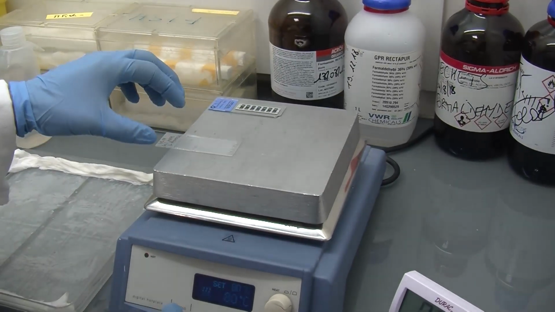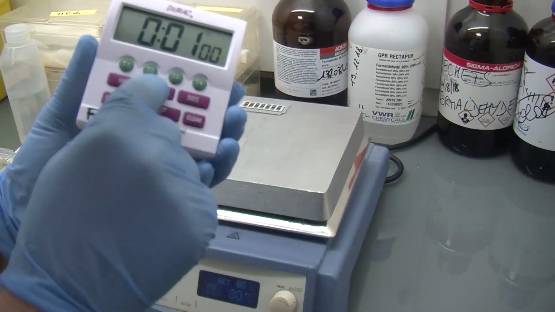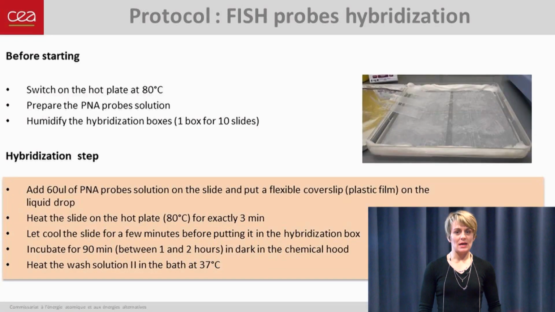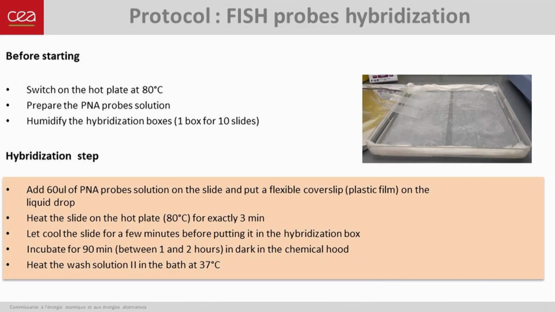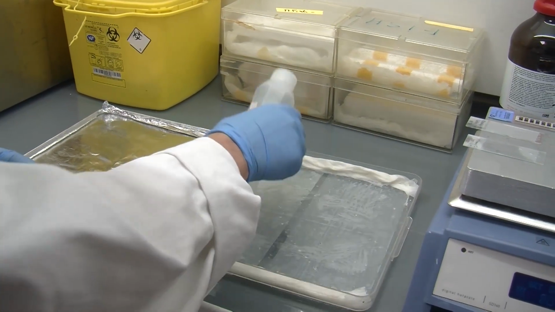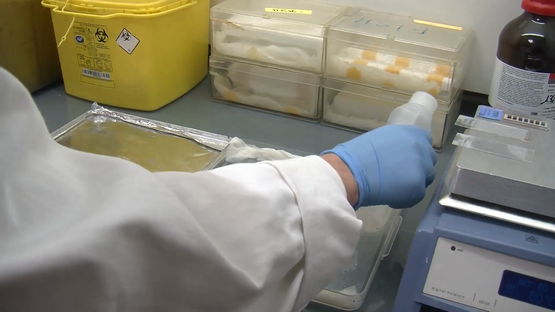Then, place the slide on the hot plate set at 80 degrees for exactly 3 minutes. This step represents the beginning of the hybridization. Here, you can see better what we use as hybridization box.